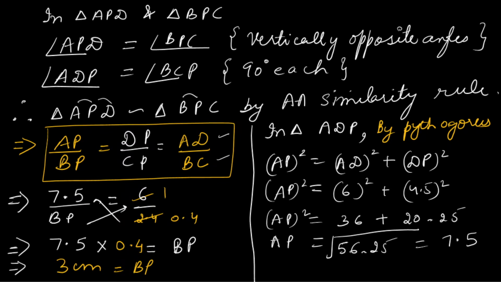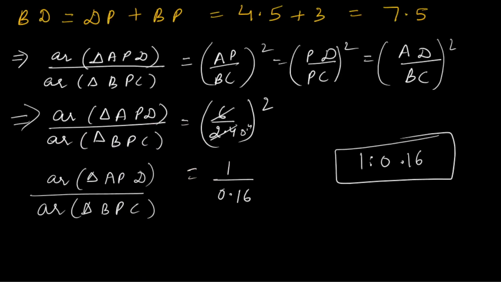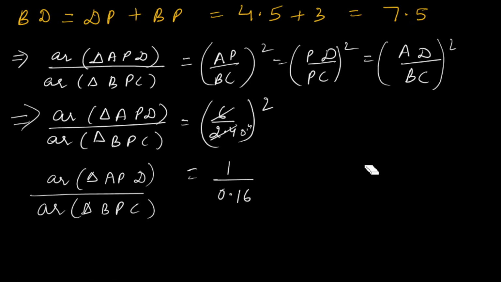100 is to 16, 25 is to 4. Further simplification we can do. Okay, I didn't do further simplification. We can just remove the decimal. Why would we write a ratio in decimals? We'll remove the decimal here, so it will be 100 is to 16. If we do cancellation, 4 into 4 is 16, 4 into 25 is 100. So 25 is to 4.